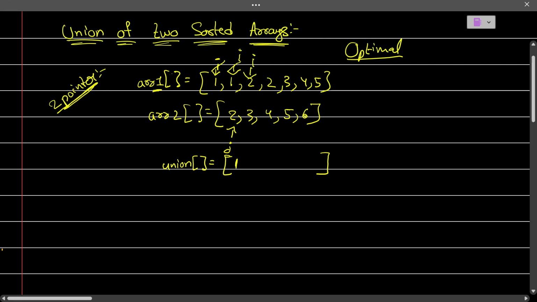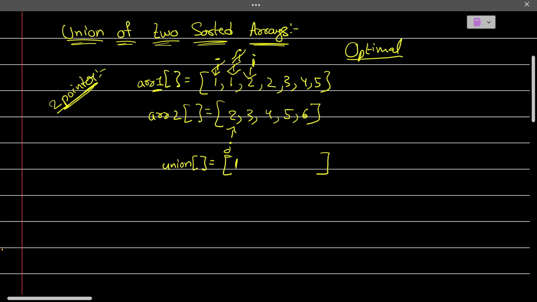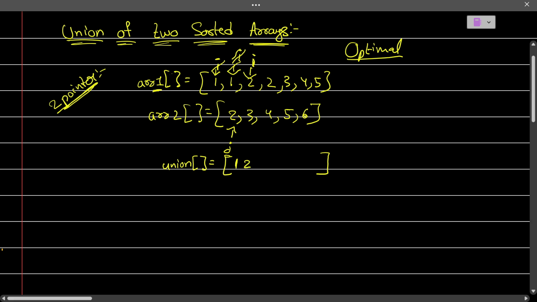Then I is at 2, and J pointer is 2. These are in ascending order, so we hit the first element, then the second element. I'll move the J pointer and also move the I pointer.